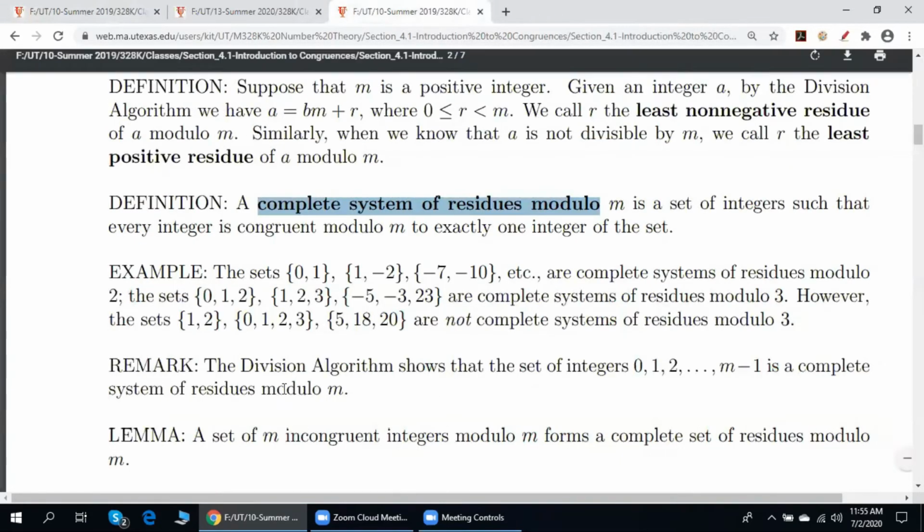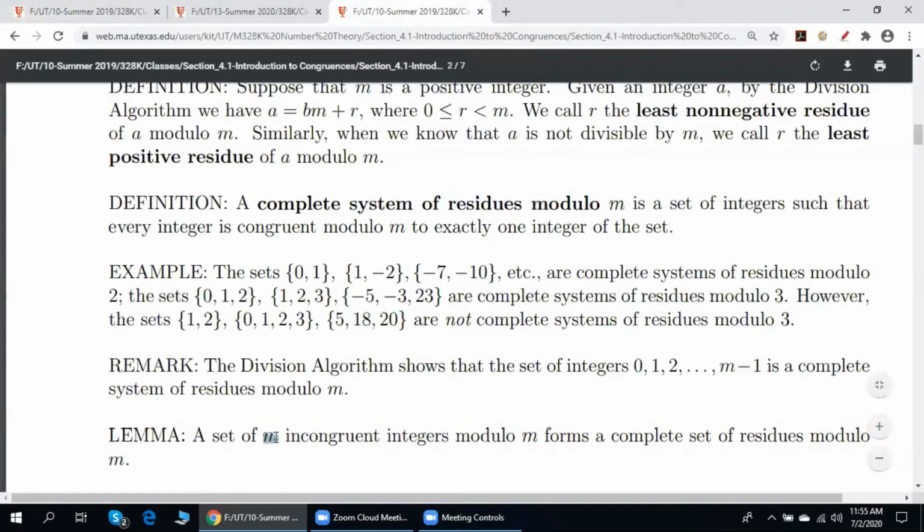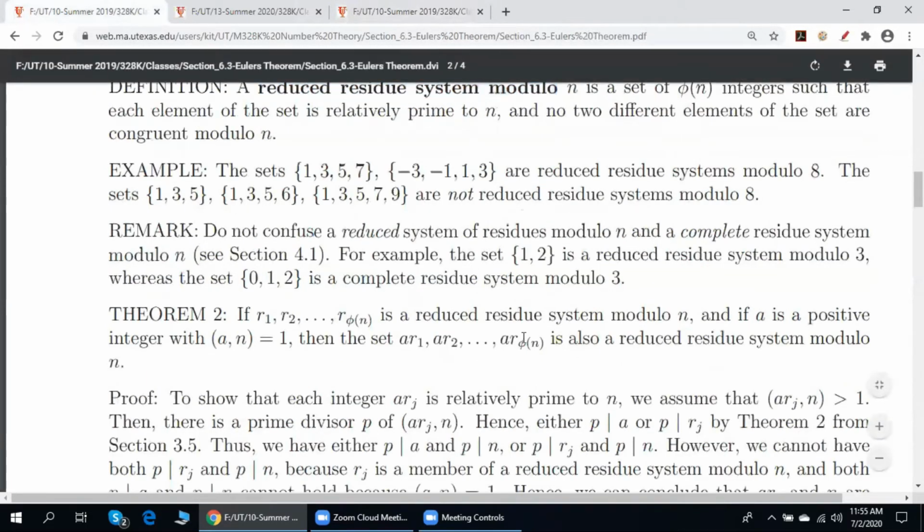Over here, these numbers do not have to be relatively prime with m. Over here, the numbers from a reduced residue system should be relatively prime to n.